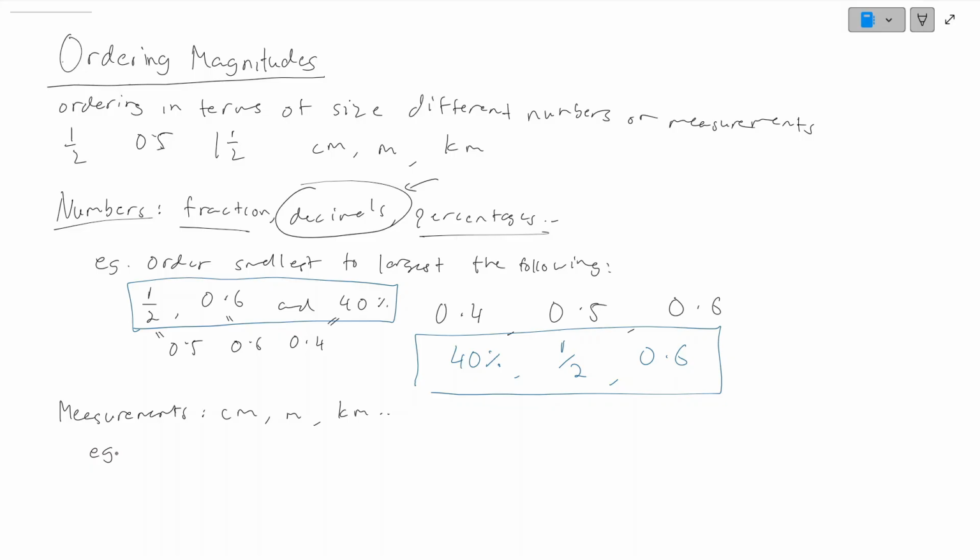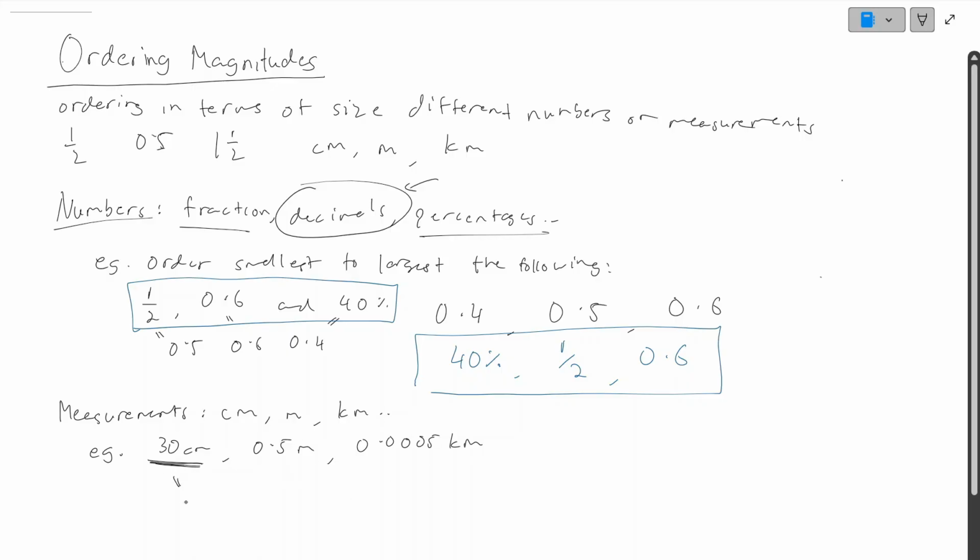So if in an example, we are given 30 centimeters, 0.5 meters, and 0.0005 kilometers, then we are going to convert all of them into centimeters because that's the smallest unit of measurement from centimeters, meters, and kilometers.